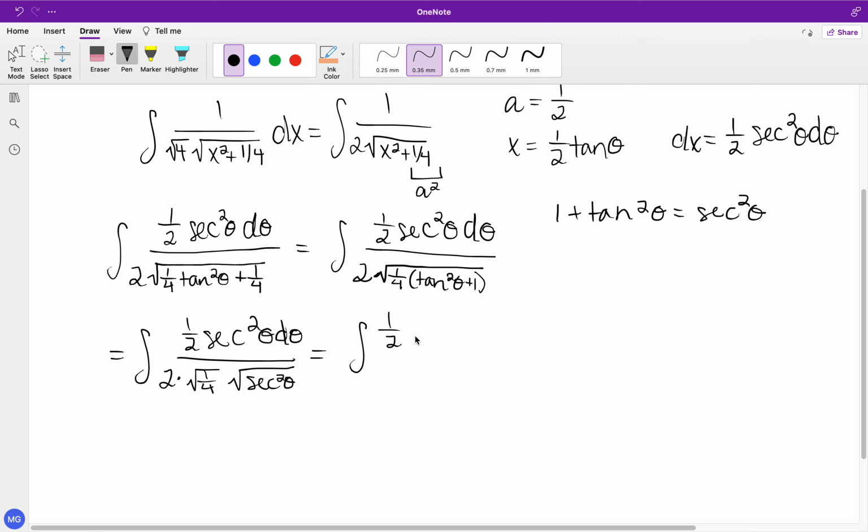Simplifying this further, we get the integral of 1/2 secant squared theta d theta over 2 times 1/2 times secant theta.